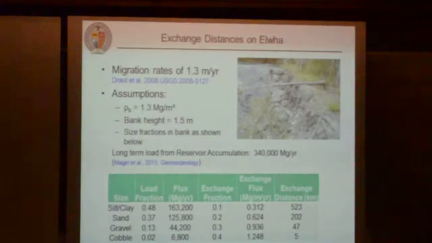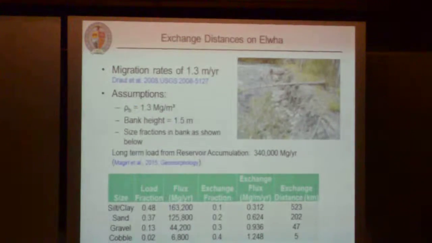Okay? So we can do these exchange distance calculations here as well, just using that first sort of naive way of doing it that I started with, where we just compare the load to the size-specific transport. And lateral exchange: over the time since the dams have been in place, 1.3 meters per year migration. That's probably a little lower than it was before the dams, but in any case, we have some idea what that number is.